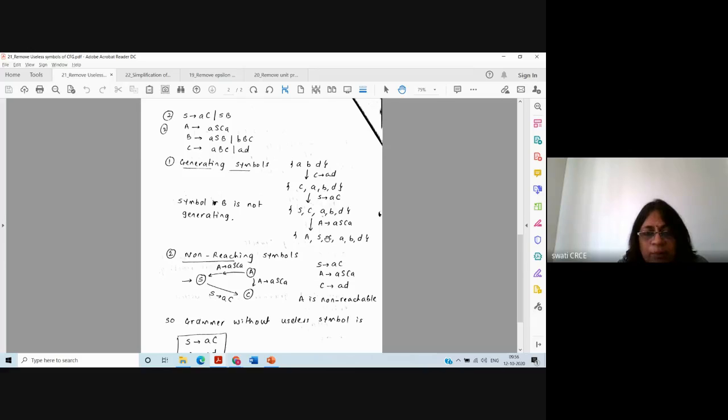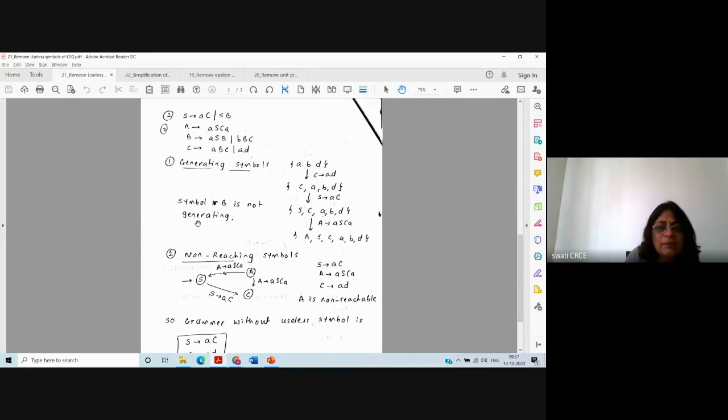Like this, you keep on adding the variables in the generating set, and when you have to stop, you identify non-generating symbols. Remove that particular symbol from everywhere and you get the resulting grammar.